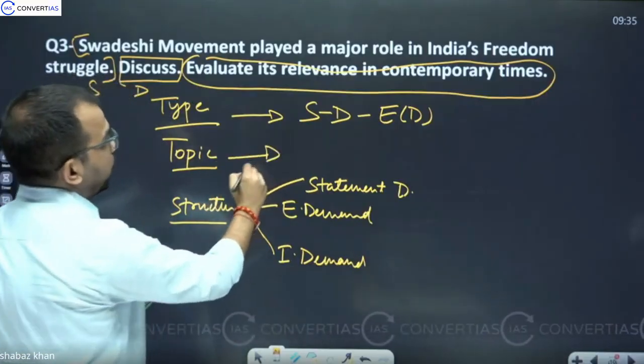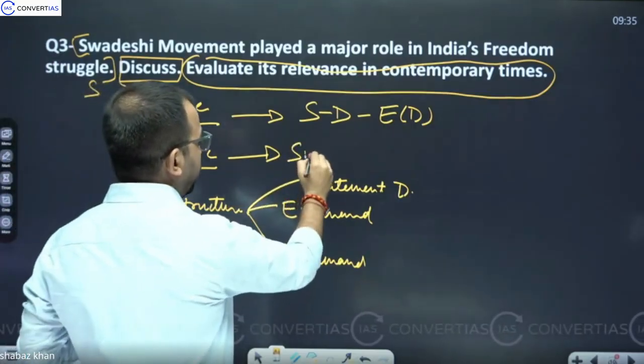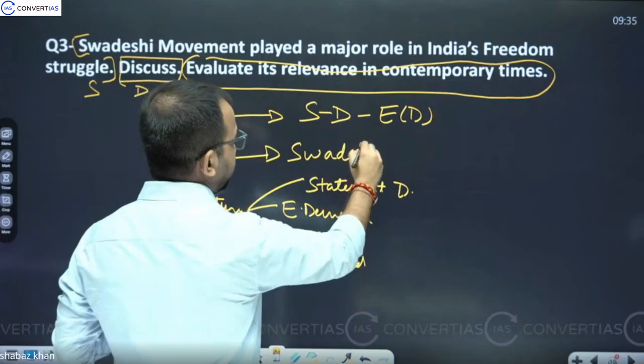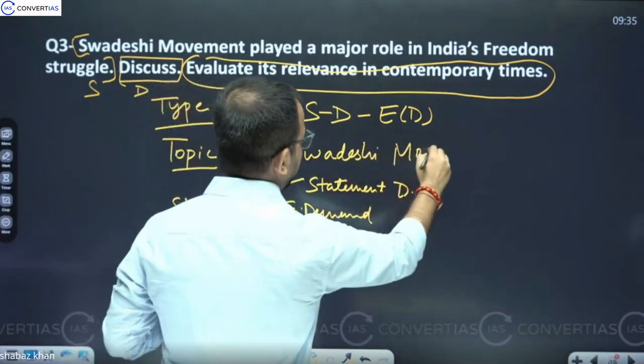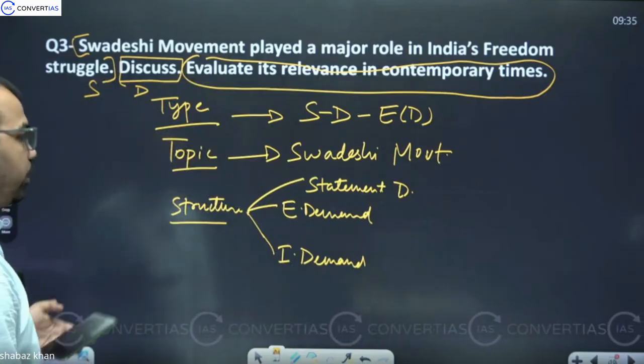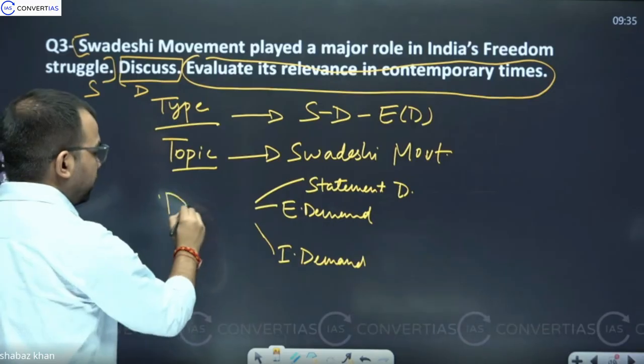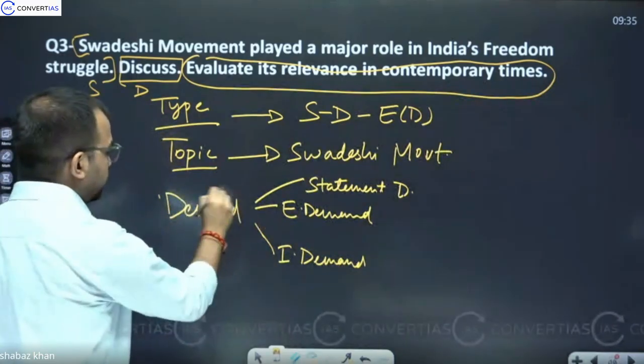Now, what is the topic? Topic is fairly clear. It is, you guys have written this, Swadeshi movement, right? Now, tell me the structure. Tell me the different demands, not the structure, demands.